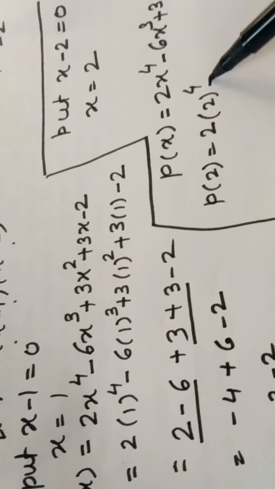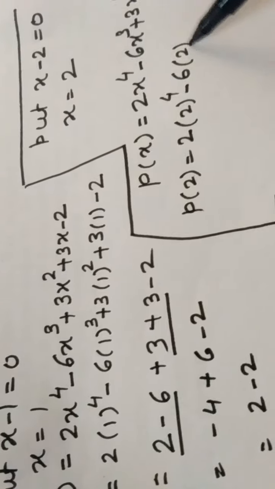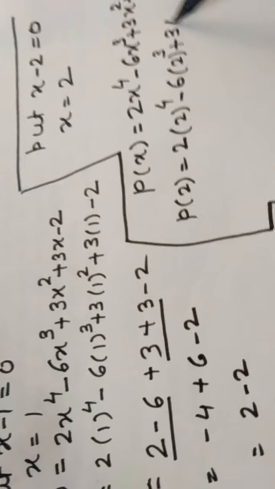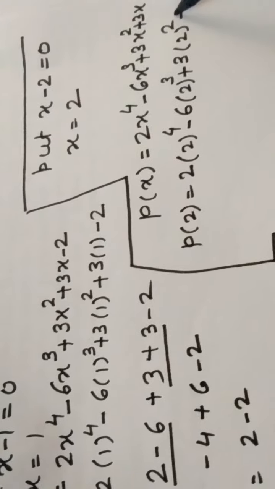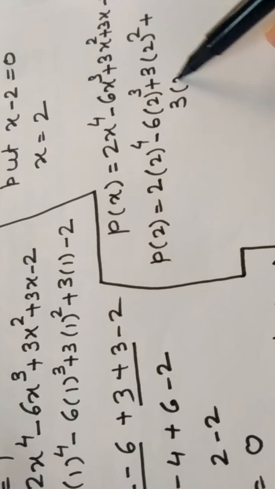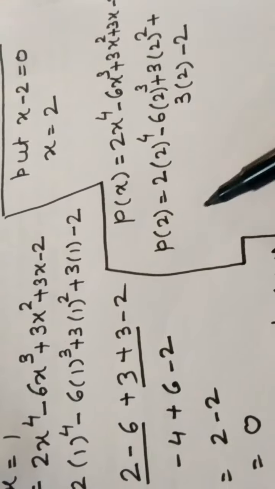p(2) is equal to 2 into 2 raised to 4 minus 6 into 2 cube plus 3 into 2 square plus 3 into 2 minus 2.